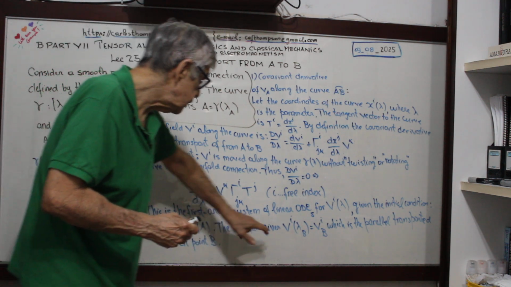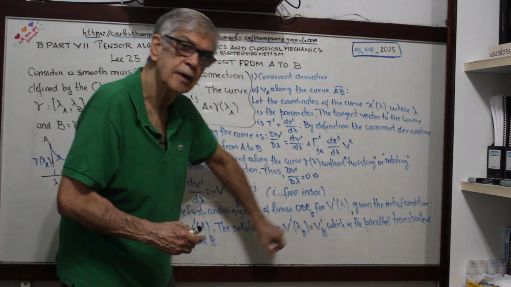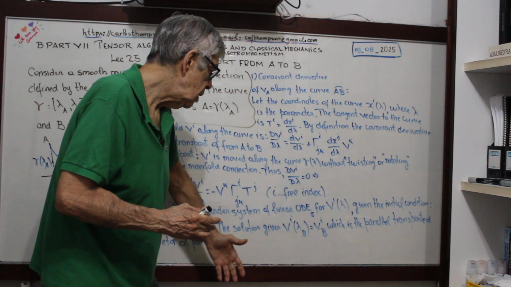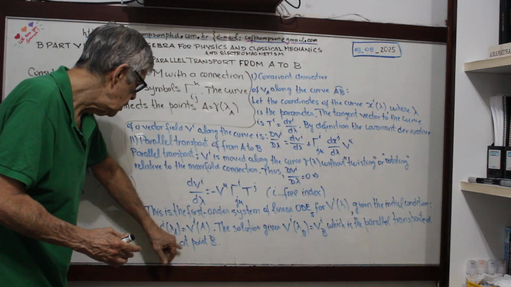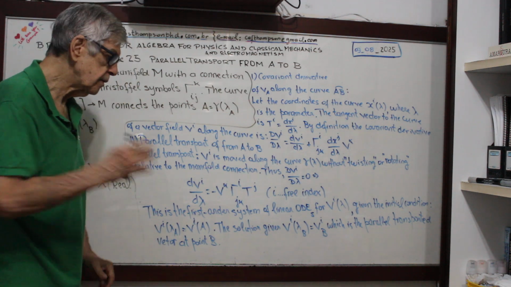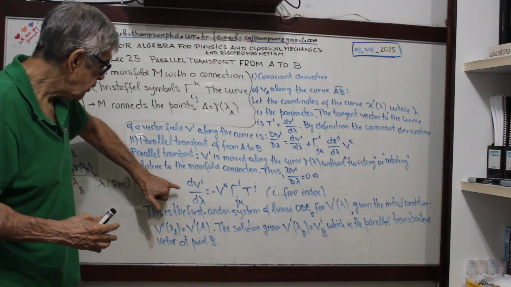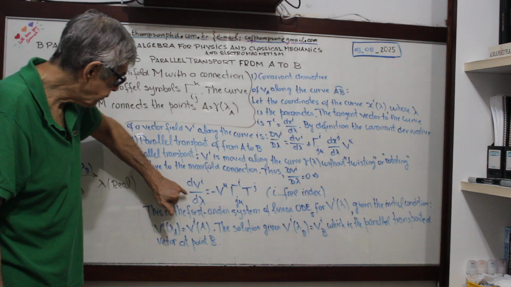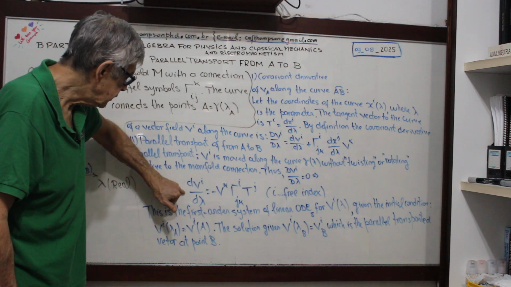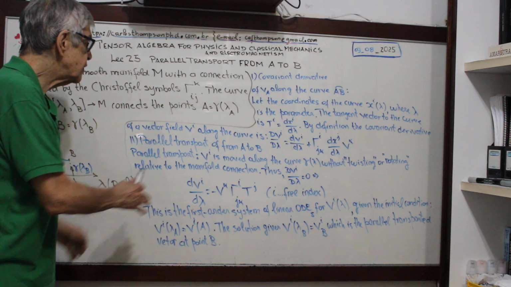So the solution gives VI of lambda B, VI of B, which is the parallel transport vector at point B. That's important. Just for you to see that to obtain the parallel transport, I have to solve this ordinary differential equation. That's it.